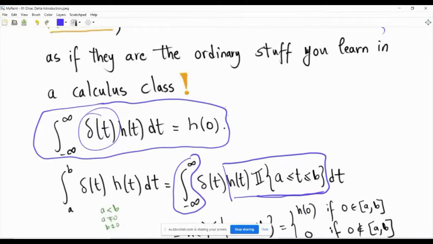So this rule is applicable, if we have an integration from a to b, if we replace h of t by h of t multiplied by the indicator. This indicator is 1 if t lives between a and b, 0 otherwise.